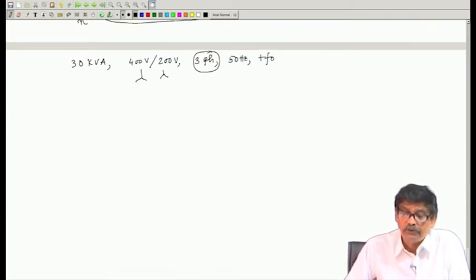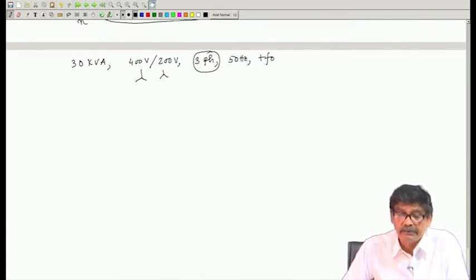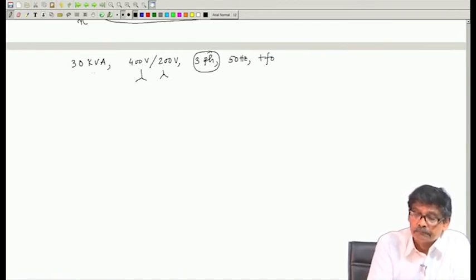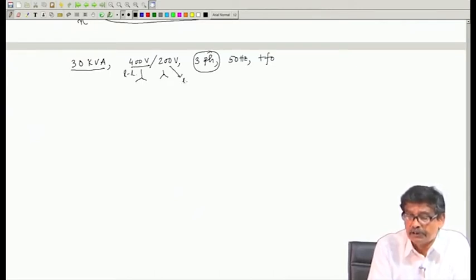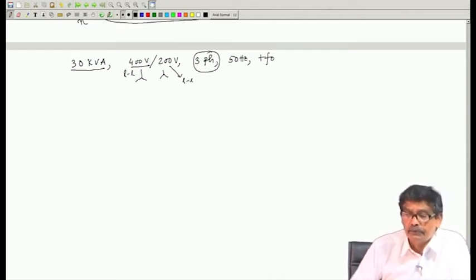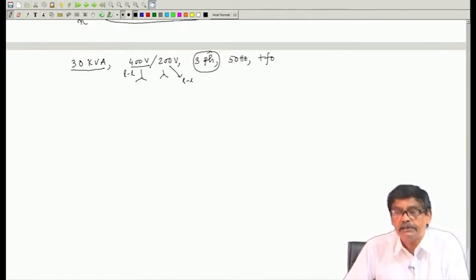So, what do I know about these things? About these things I know that this is the total kVA, this is the line to line voltage, mind you, of the HV side, this is line to line voltage. So, in the same way you carried out the open circuit and short circuit test, here also you should do the same thing.